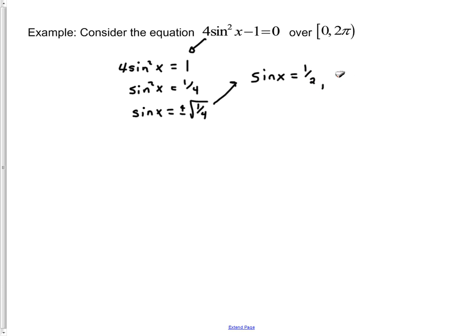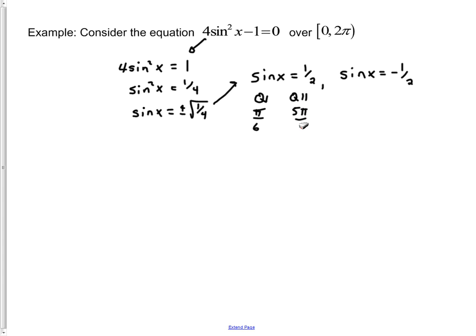But in another case, we're going to get sine of x is equal to the negative of the root of 1/4. That's negative 1/2. Right. So as we stated in the last problem, we know what happens. Quadrant 1 and quadrant 2 will give us two separate values for the sine of 1/2. One was at pi over 6, and the other one was at 5 pi over 6.